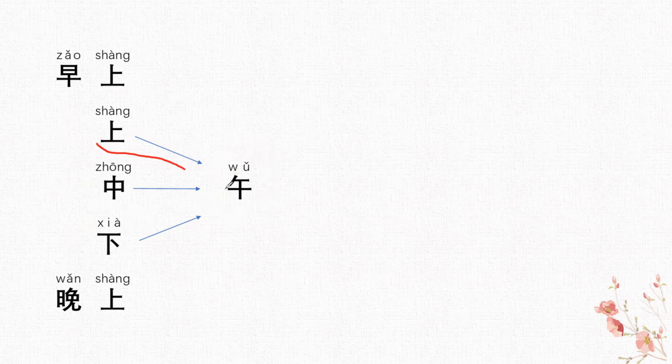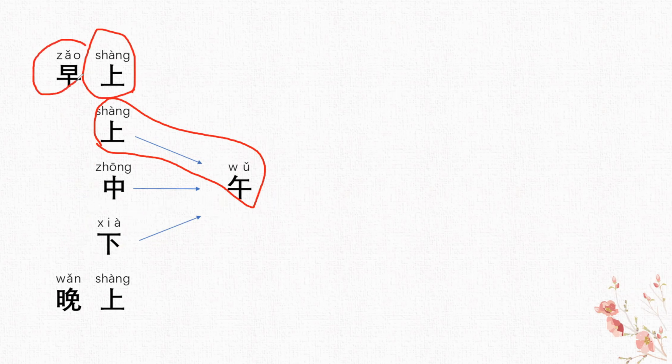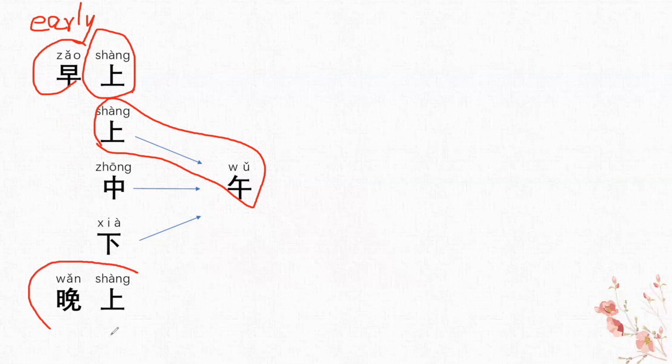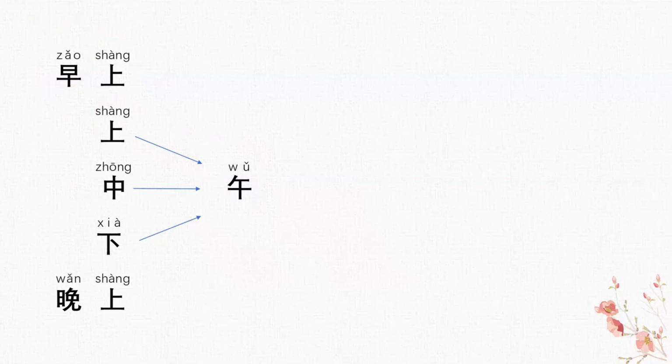So 上午 means morning, so I still keep 上 here, but I put one more character before it, 早. 早 means early. So early morning. 早上 is early morning. 晚 is late, so 晚上 is evening. So now I will put it here.